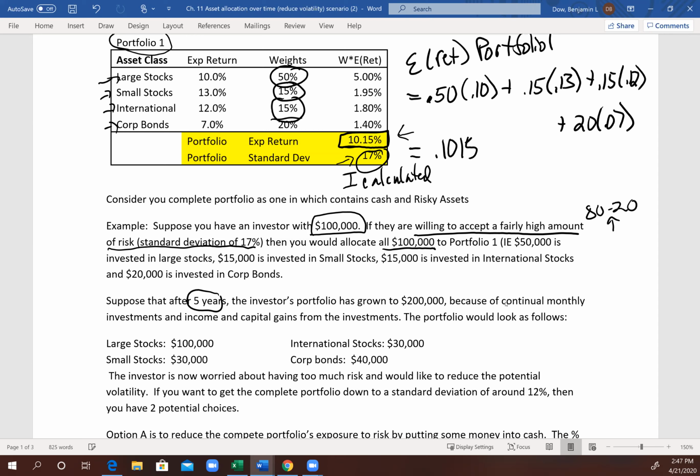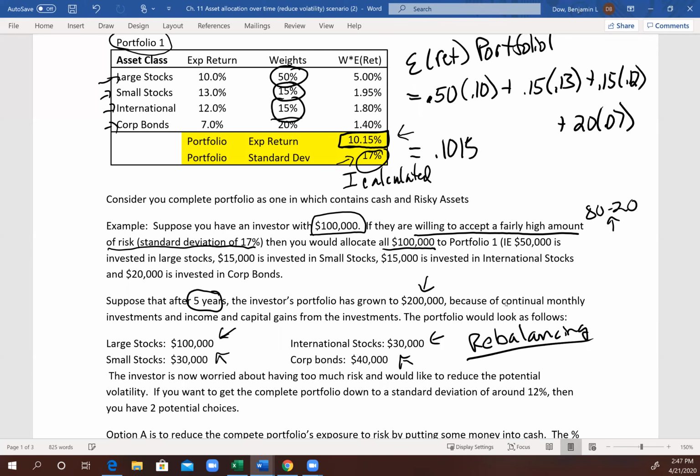All right, suppose after 5 years, their portfolio has grown to 200,000 because they continually added money to it, and maybe the portfolio earned some money. Okay. Every year, though, we would reallocate so that we're kind of within that same 50, 15, 15, 20 mark. Okay. So if one tended to do really well, we'd sell some of it and put it into something else that didn't do as well as we expected. And that's what's called rebalancing.